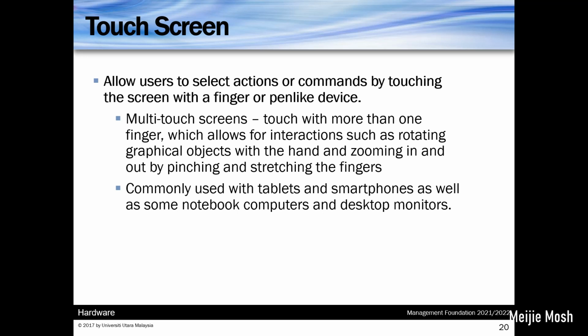It allows for interaction such as rotating graphical objects with the hand and zooming in and out by pinching and stretching the fingers. So touchscreens are commonly used with tablets and smartphones as well as some notebook computers and desktop monitors.